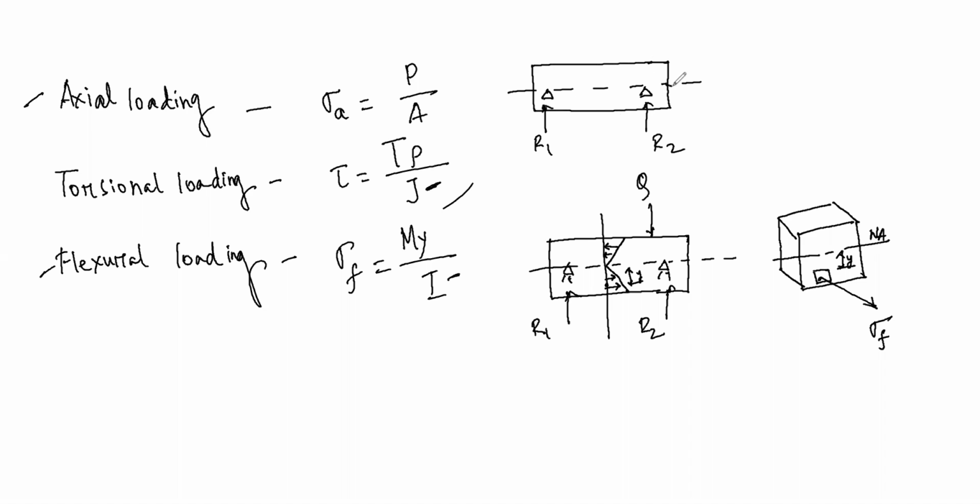Okay, so tension or compression force will act. So if I take a section, my stress distribution will look like this, in the same way, in the same direction, either this way or this way, whichever is the biggest one, they will go towards that direction.